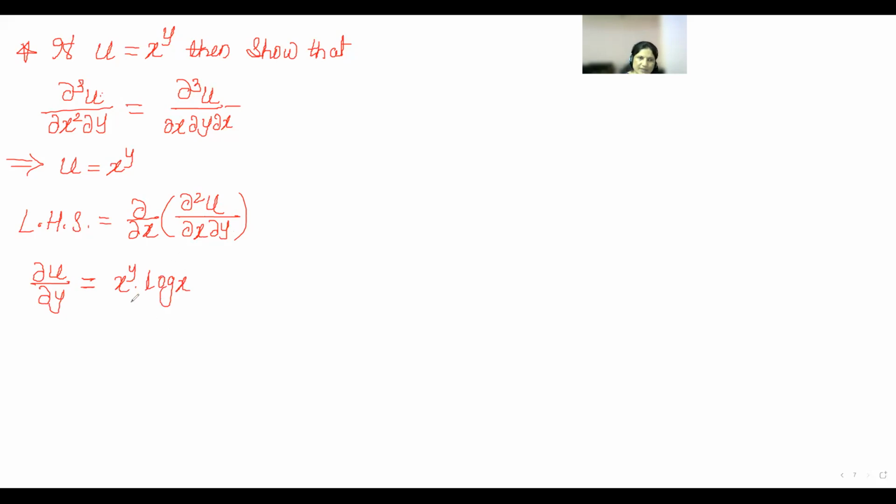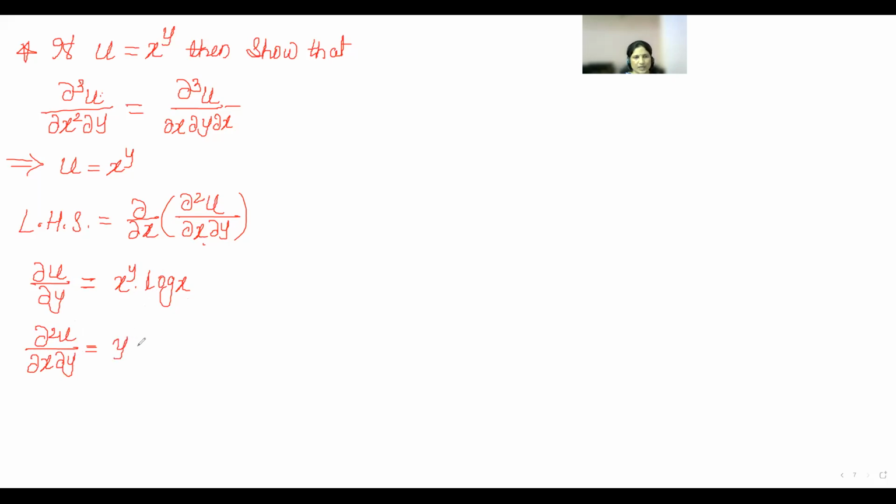Now again differentiating this function with respect to x. So dou 2u by dou x dou y is equal to the derivative of x raised to y into log x with respect to x. y will remain constant here.